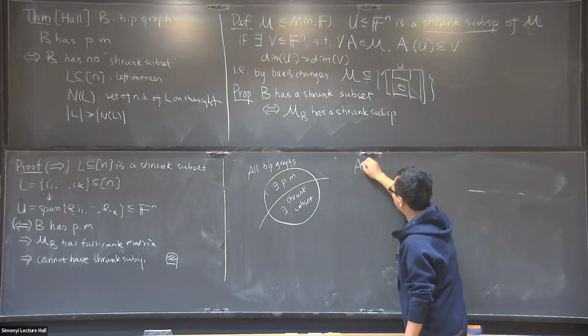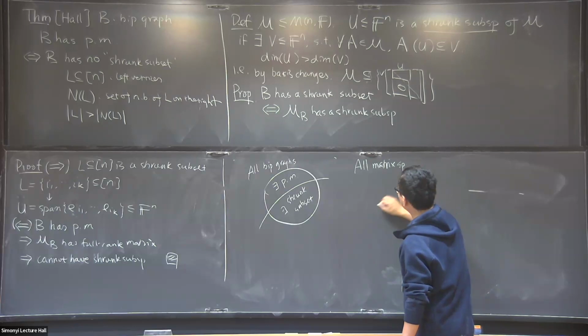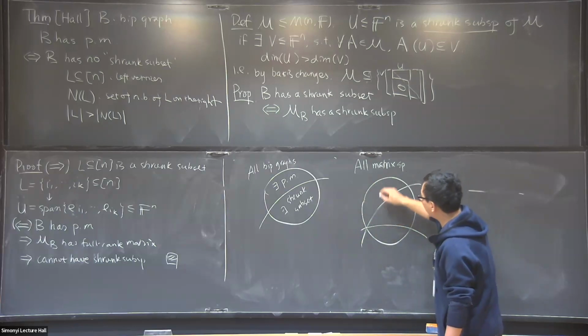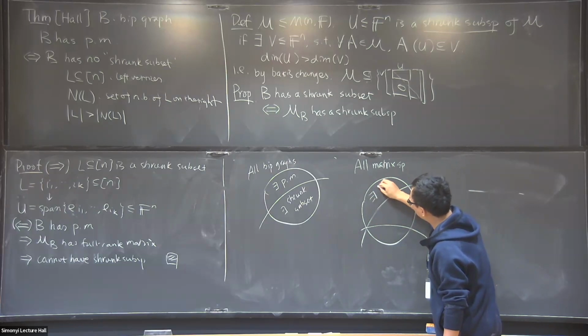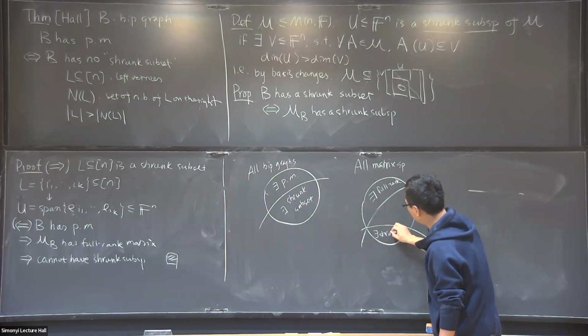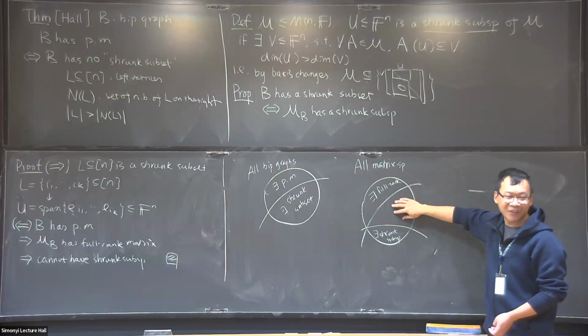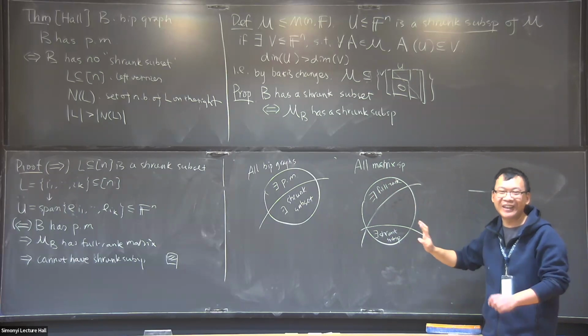On the other hand, if you look at all matrix spaces, then we would want that either it has a full rank matrix or it has a strong subspace. So if there's nothing in between, then we'll be really happy.